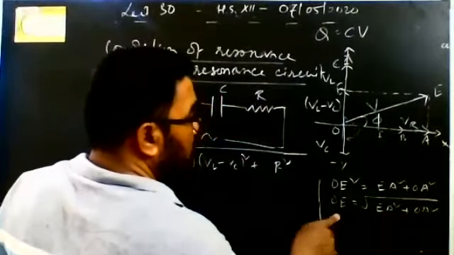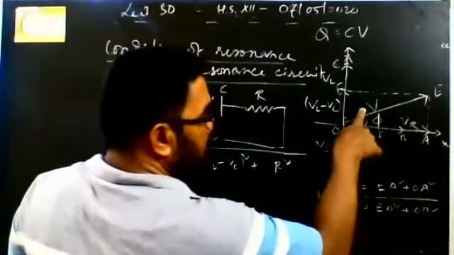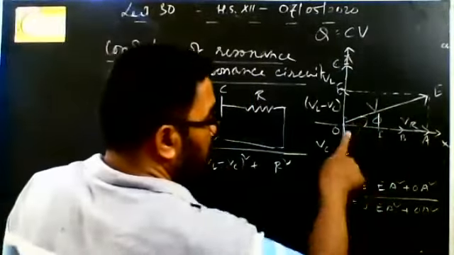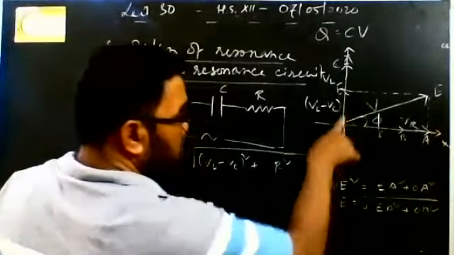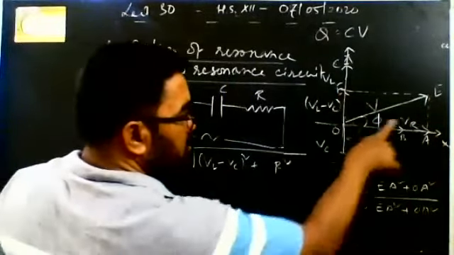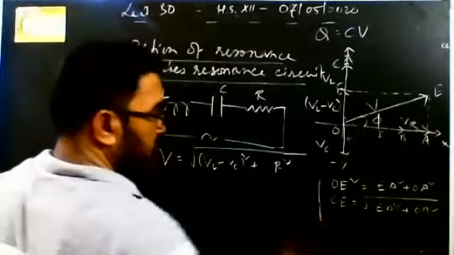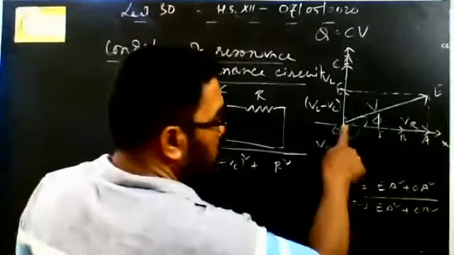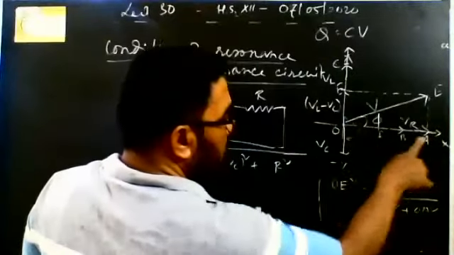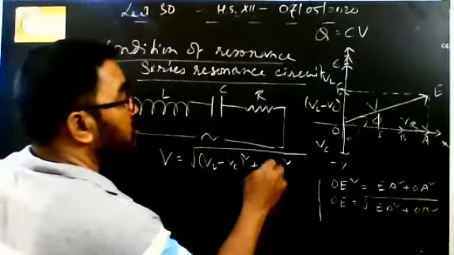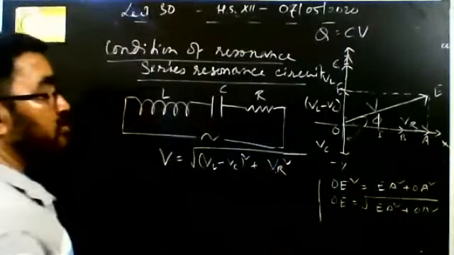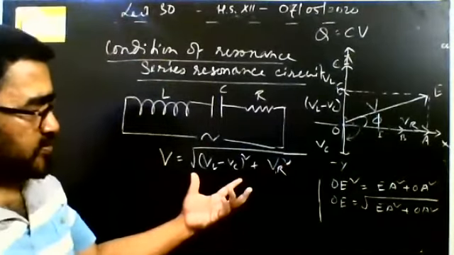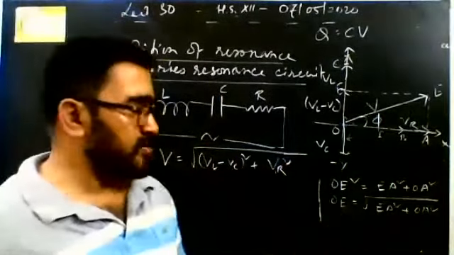OE is V. EA is nothing but this amount, so VL minus VC represents EA. OA is nothing but VR. So we are representing only voltage, right? So according to Pythagoras theorem.